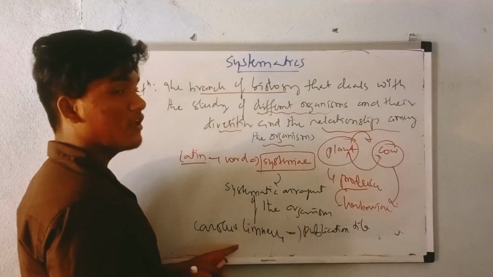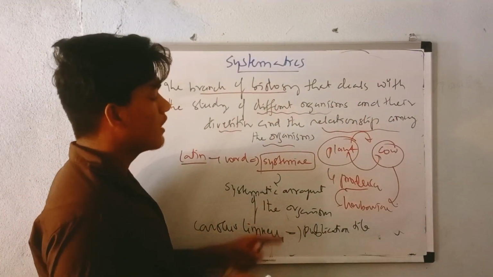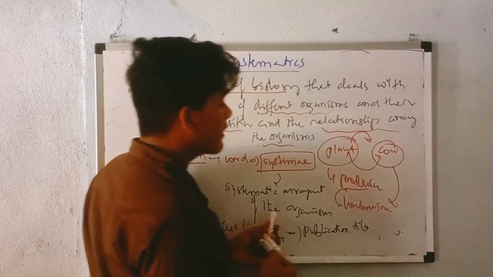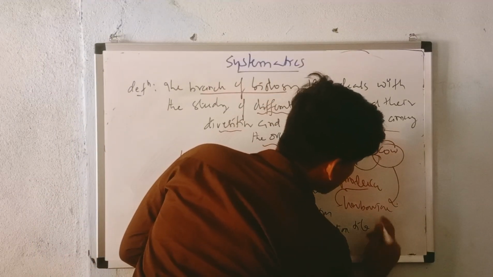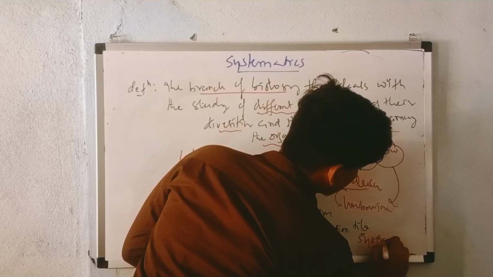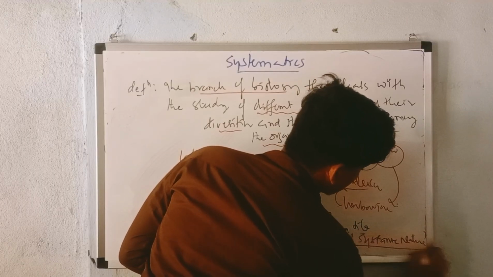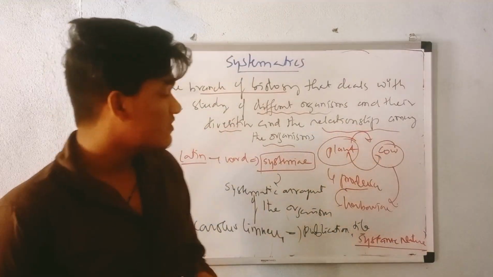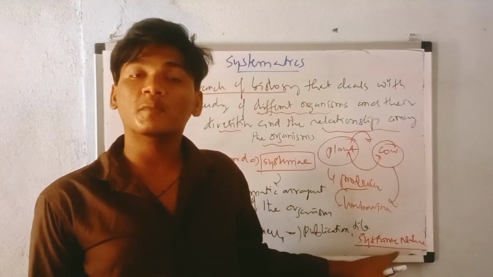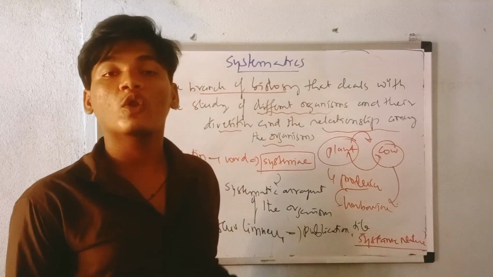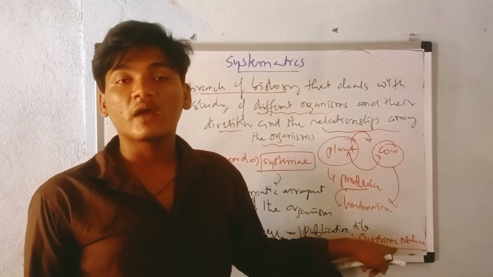Carolus Linnaeus published a book, and that book title was Systema Naturae. Very important, the title name: Systema Naturae. The book was written and published by Carolus Linnaeus.